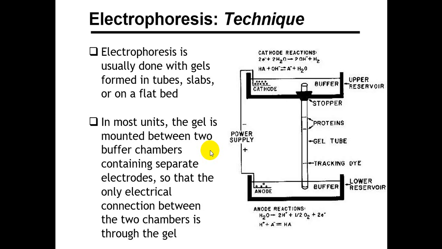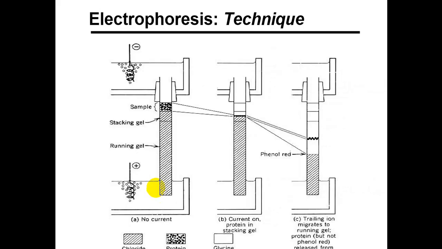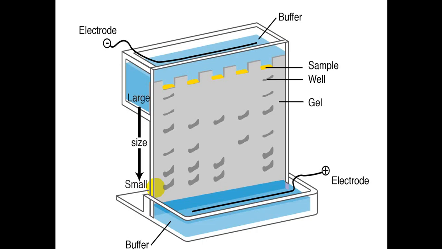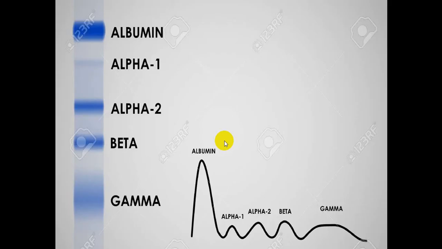In most units, the gel is mounted between two buffer chambers containing separate electrodes, so that the only electrical connection between the two chambers is through the gel. So you can see here, the gel is between one buffer chamber and another buffer chamber. With the electrodes negative and positive, the only separation is the gel.